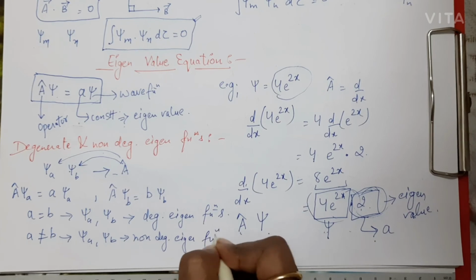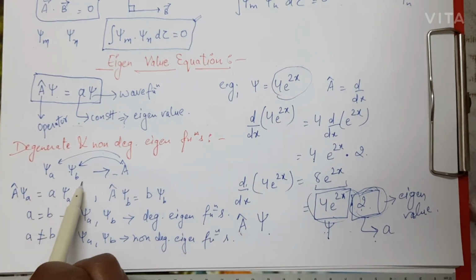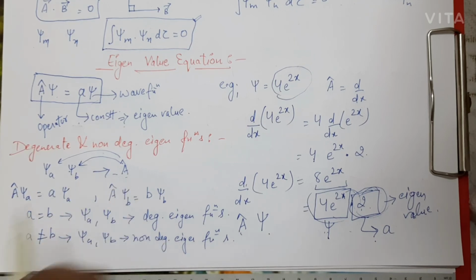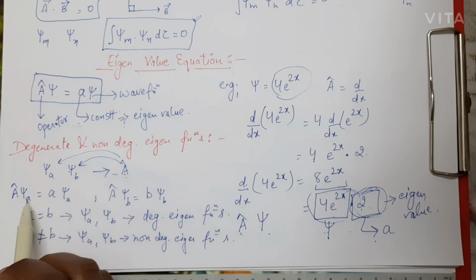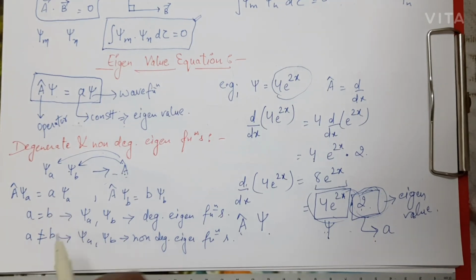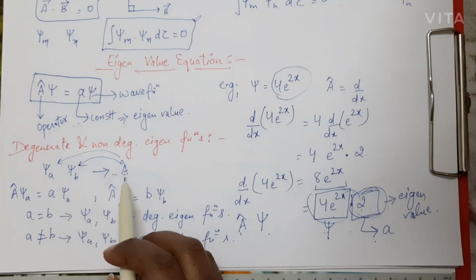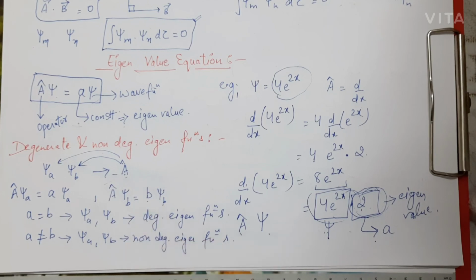So basically here what we have done is, we were having psi a and psi b as two wave functions, and we had an operator A. First we operated this operator on wave function psi a, and after solving we got constant small a with psi a, and then we operated A operator on psi b, and on solving we got constant b along with psi b.